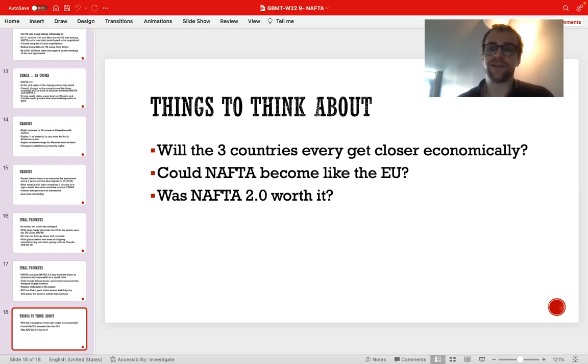After all, as we've discussed, there were some changes, but at a base level, it remained very, very similar to the previous agreement. So was this whole shakeup and change worth it at the end of the day? That's a big question for those analyzing the new CUSMA, USMCA, or NAFTA 2.0 arrangement.